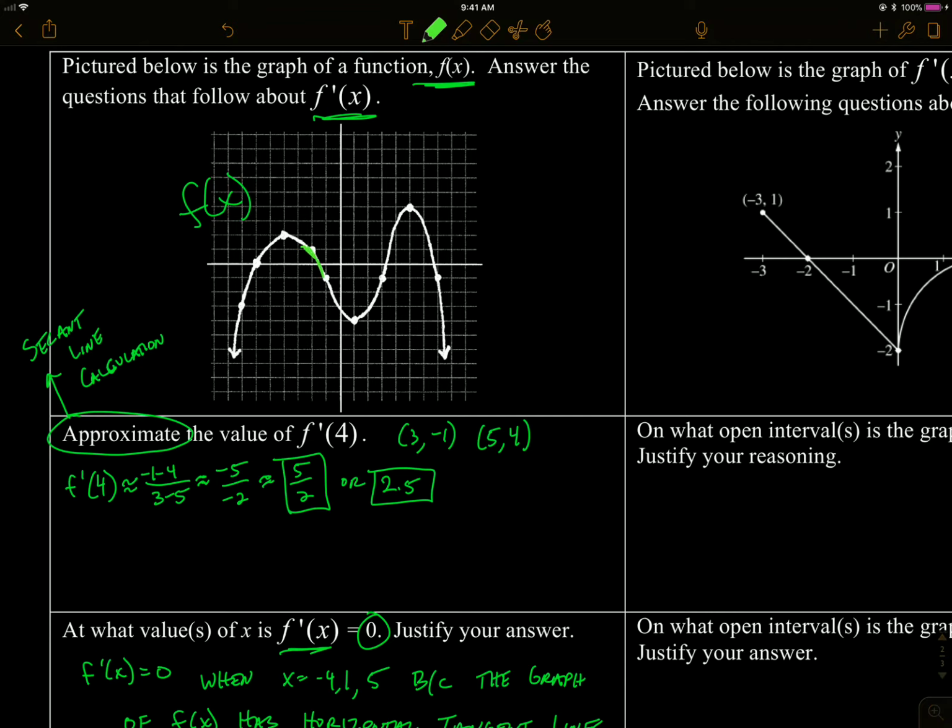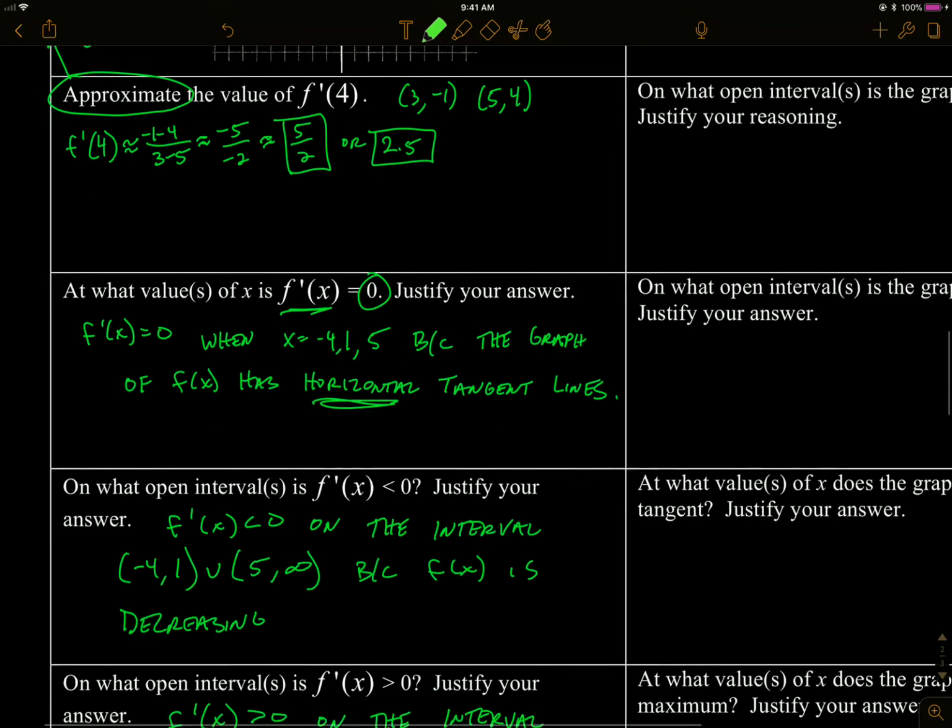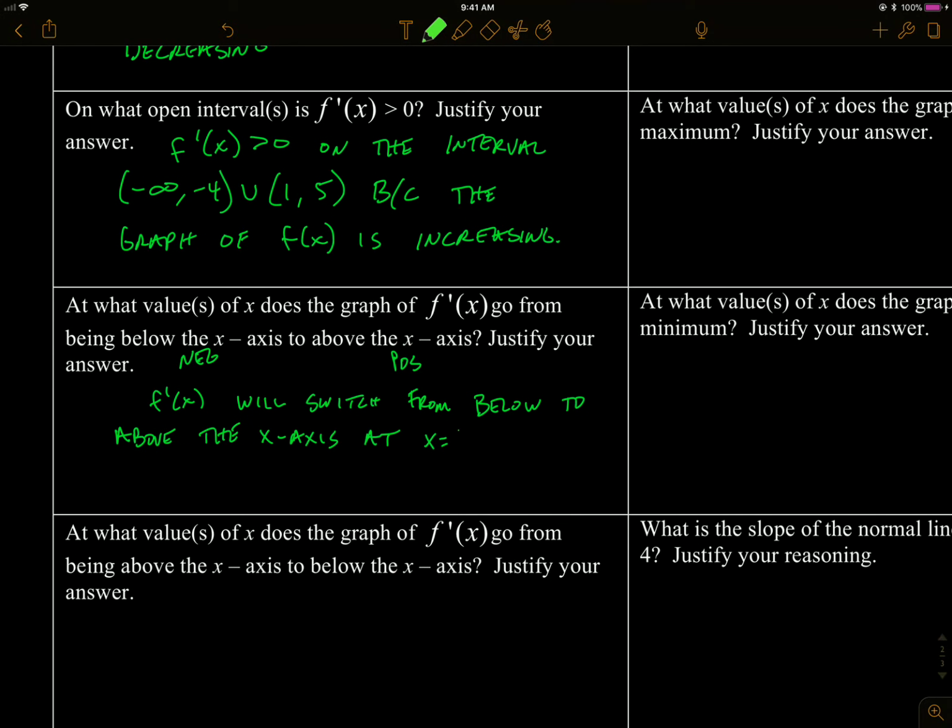So if the derivative was below, it was negative, the function's decreasing, then it switches to increasing. It's going to happen right there at that x value of 1, at x equals 1. And then we want to say why, because f of x has a relative minimum.